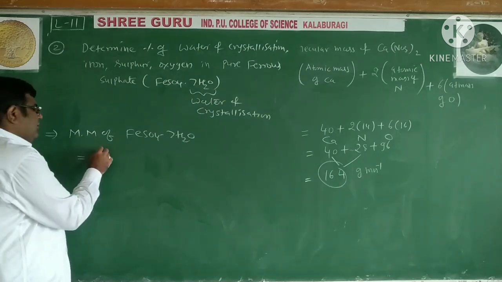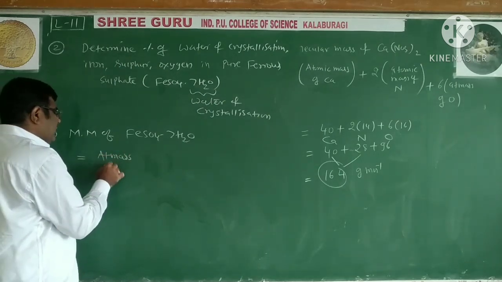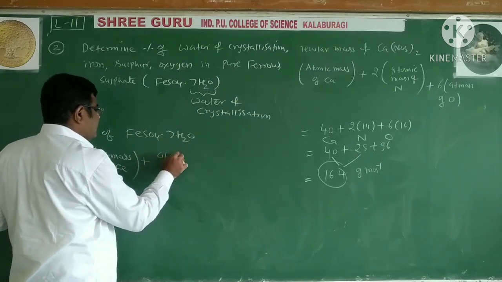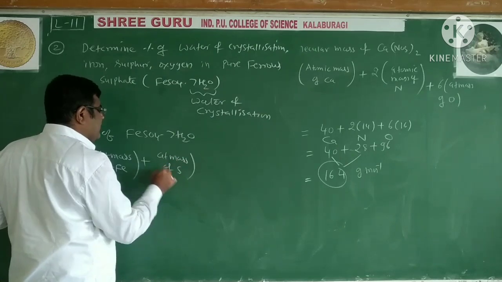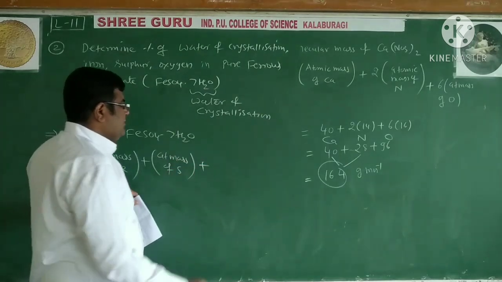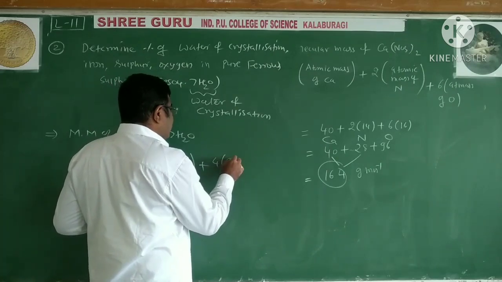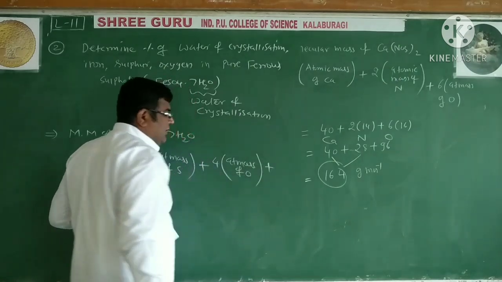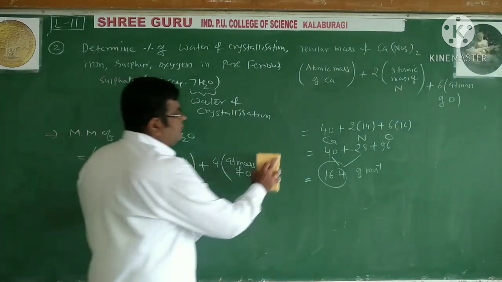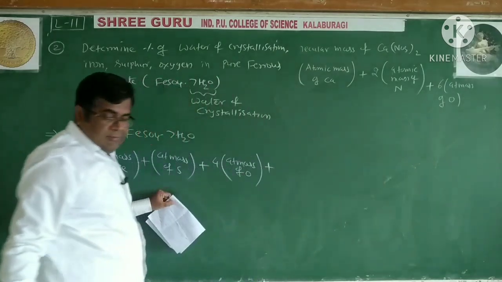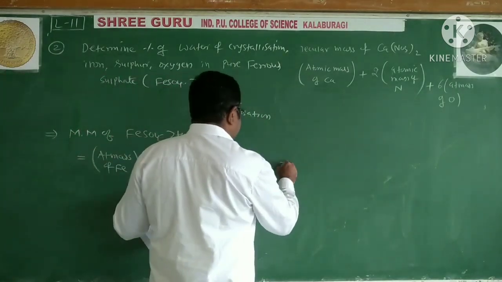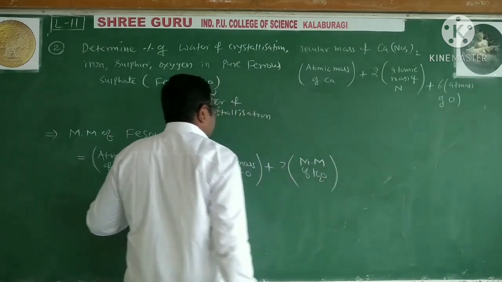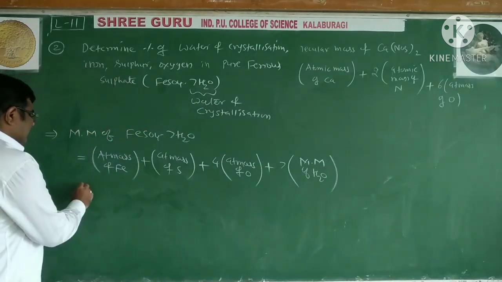It is nothing but atomic mass of iron plus atomic mass of sulfur plus 4 into atomic mass of oxygen plus 7 into molecular mass of H2O, because H2O is present here in the formula.